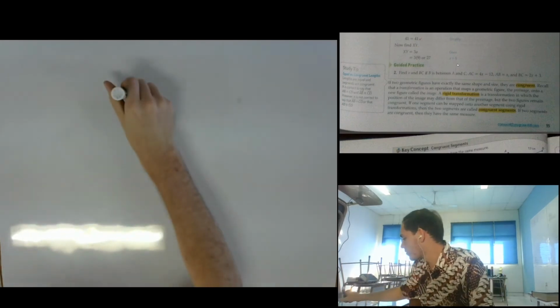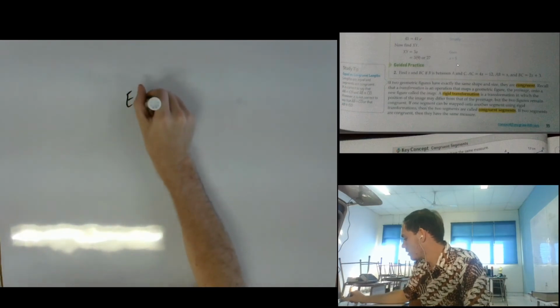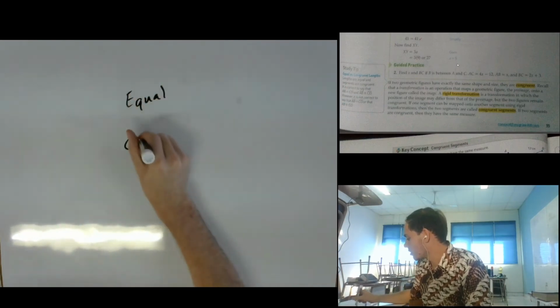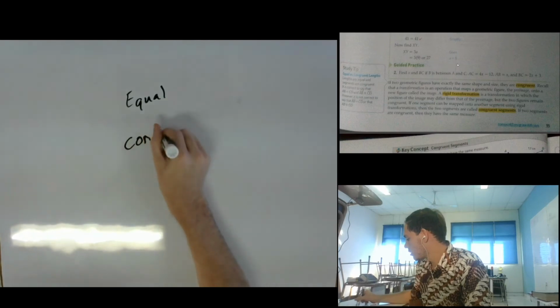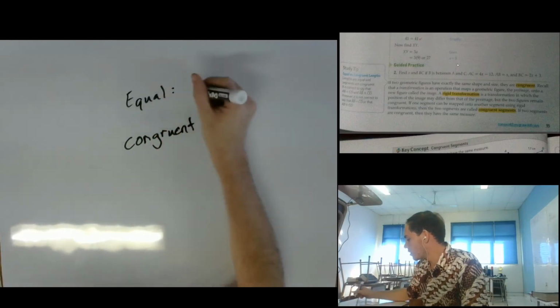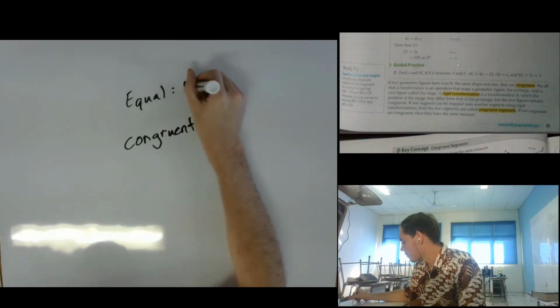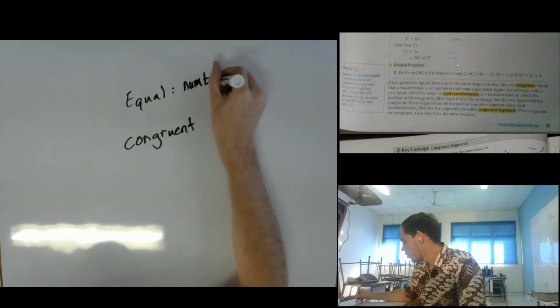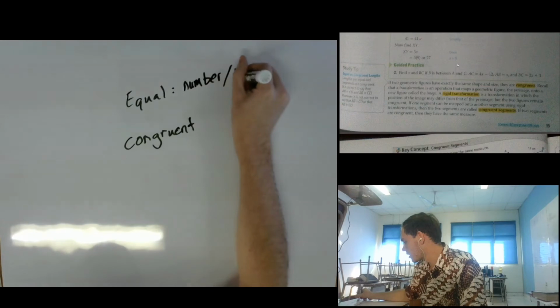The key terms are equal and congruent. I would make notes of this. Equal is about number, slash length.